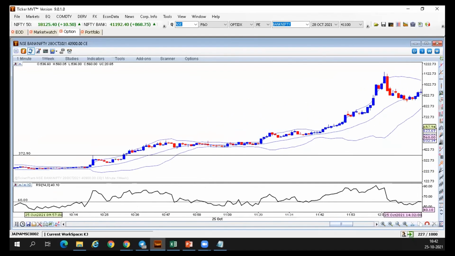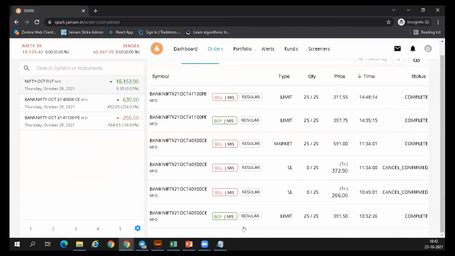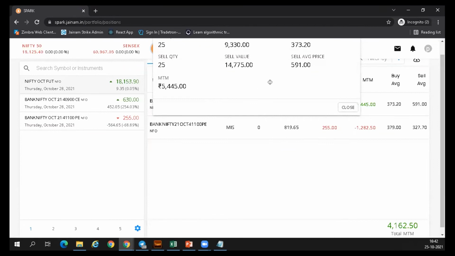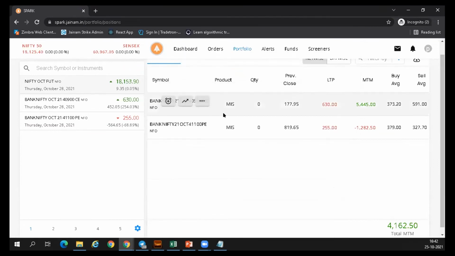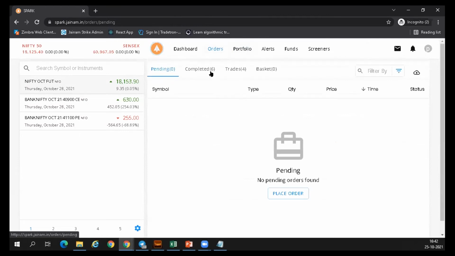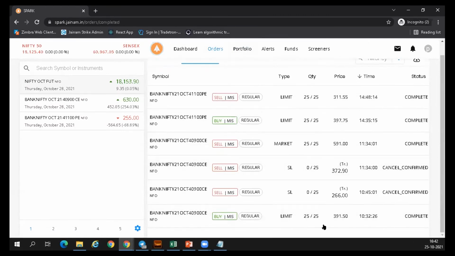This is the real trade. Okay, let me show you the real trade. This was the trade: 40,900 call. Here is the completed order. You can see 40,900, 929.